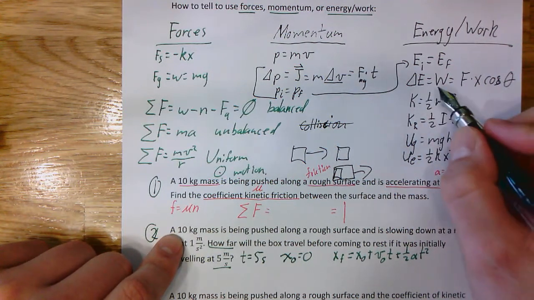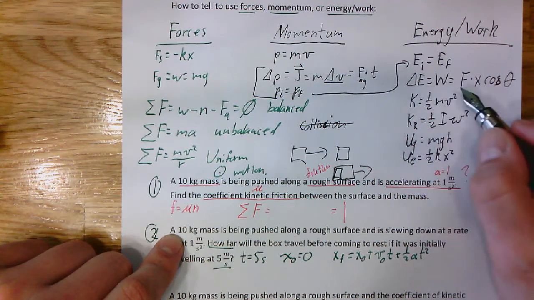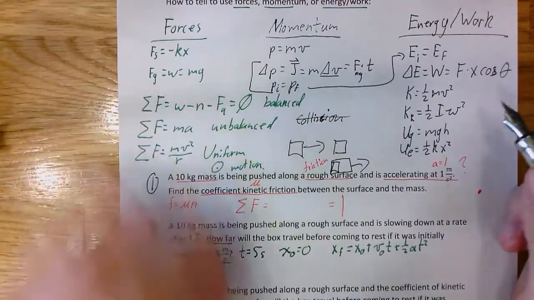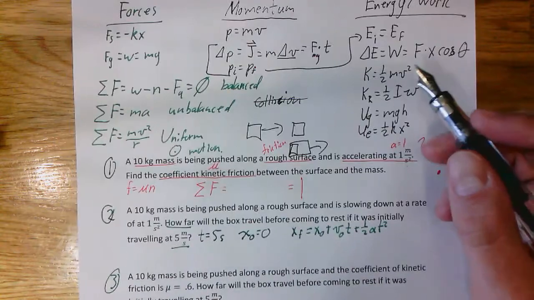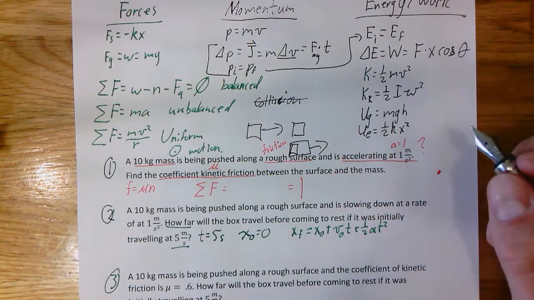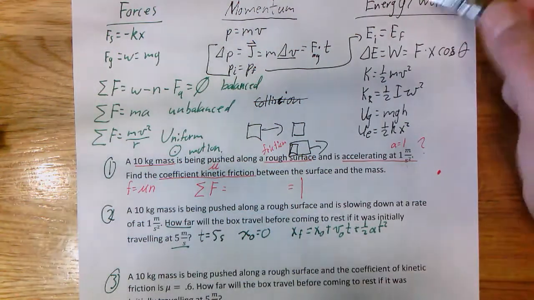So we're doing work. We're taking energy out of the system. So if I know the force and I know how much energy we lost, we can solve for x. Yeah? Okay.